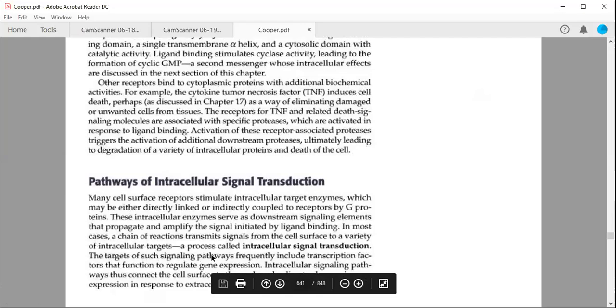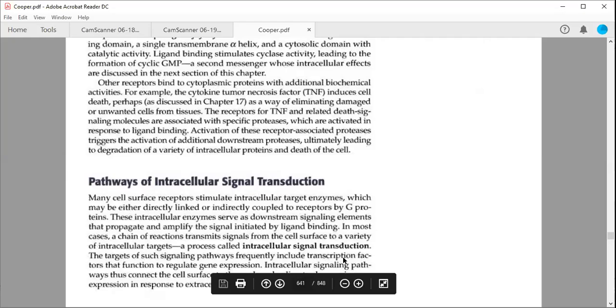The targets of such signaling pathways frequently include transcription factors that regulate gene expression. I will discuss one such transcription factor, the cyclic AMP response element binding protein, called CREB, in our next page.